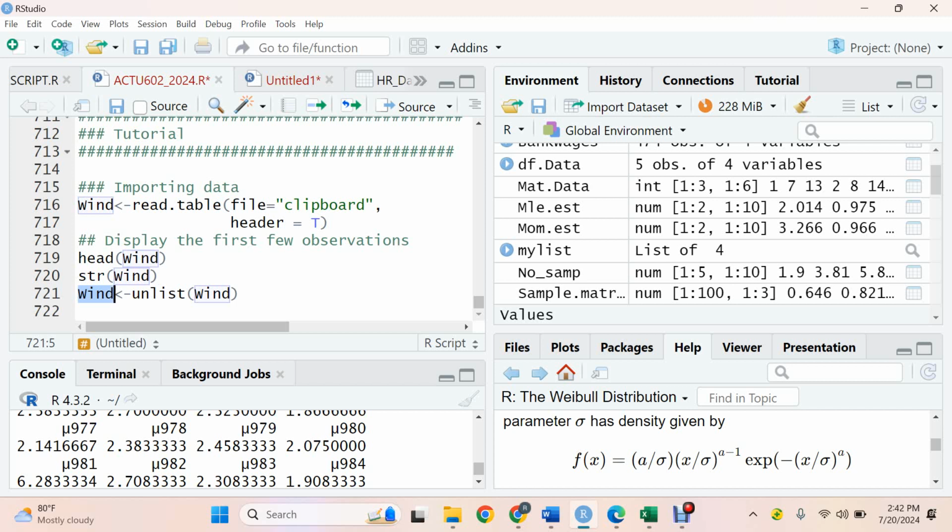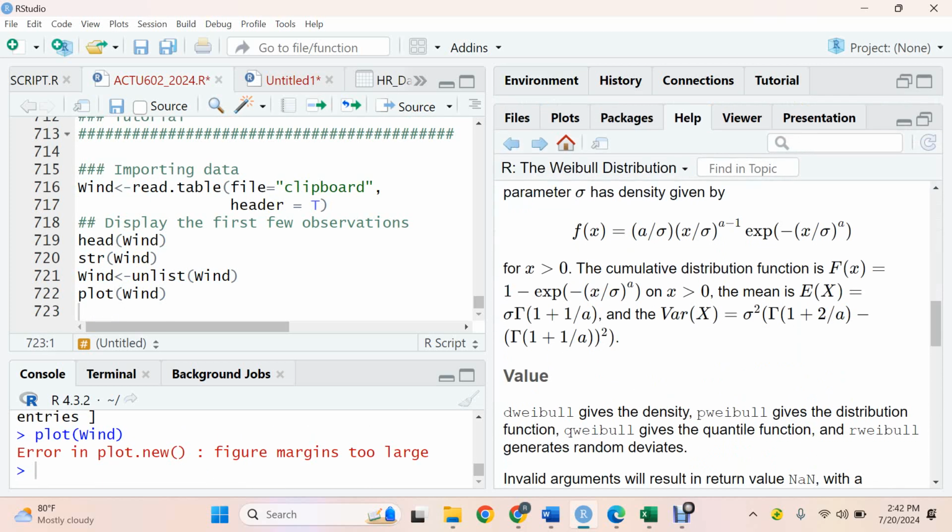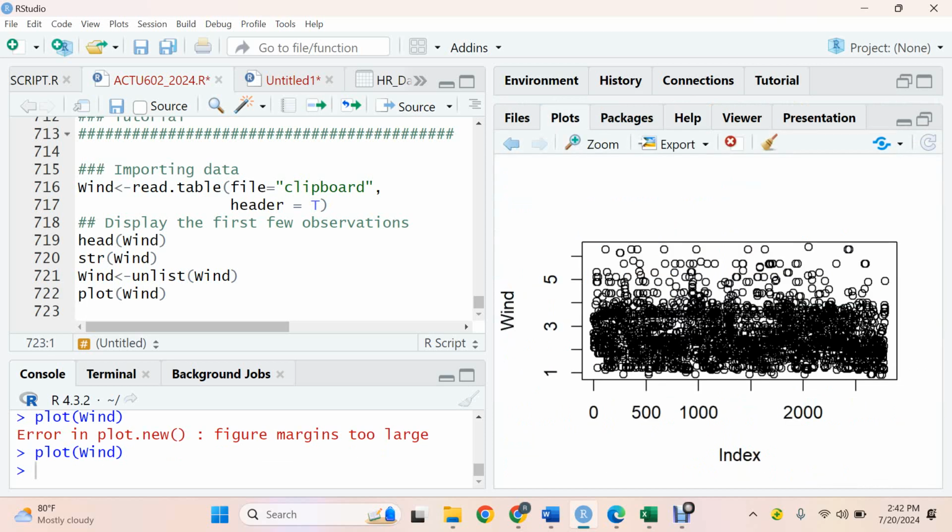It names it. Okay, so let's see. Plot. It's still a vector, but let me just cross check. The margin is too small. Yeah, so the data set is like this. So yes, we have a vector of this.